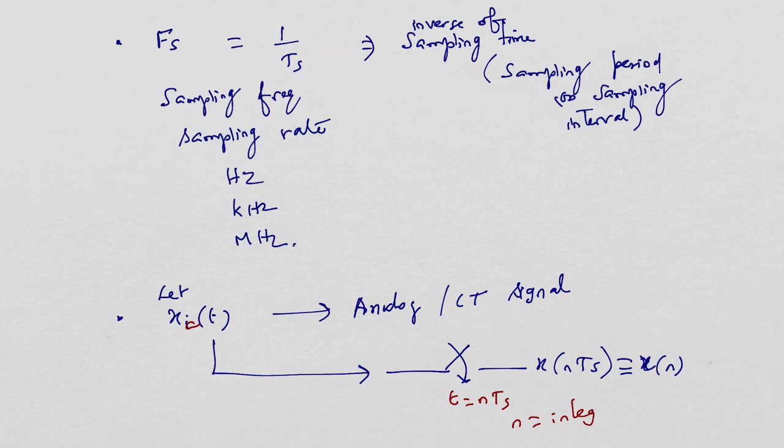Once in every Ts duration, the switch is closed and the sample is passed to the next side, so that a discrete time sequence is generated. X of nTs is equivalently represented as a sequence of samples taken once in every Ts duration. So it may be x of n, which is equal to the samples x of 0, x of 1, x of 2, the magnitude of the signal at integer sampling intervals.